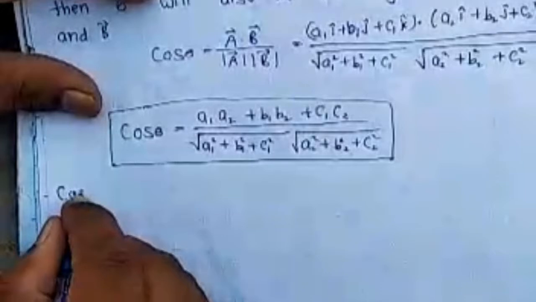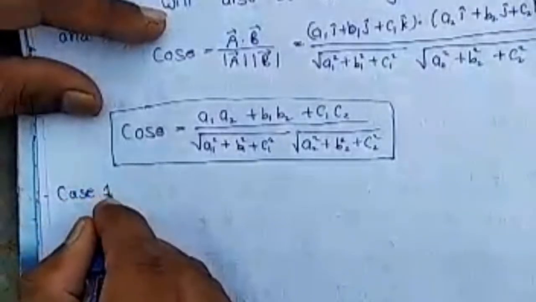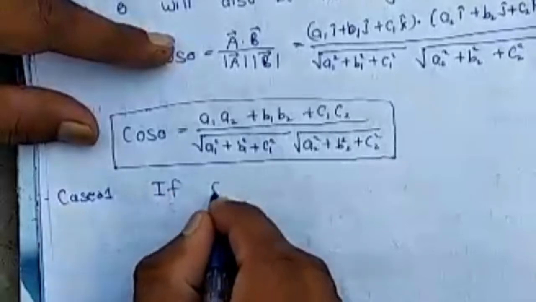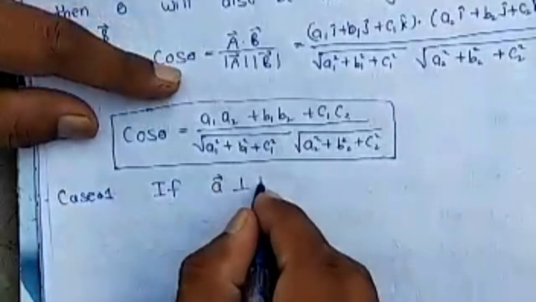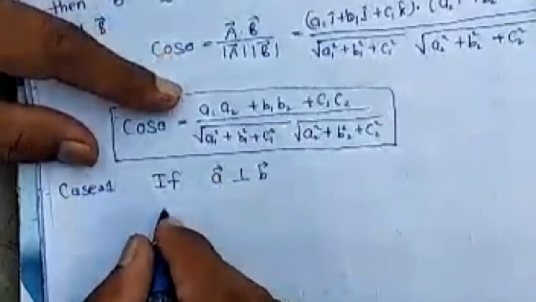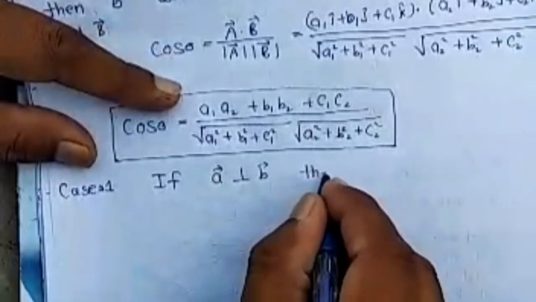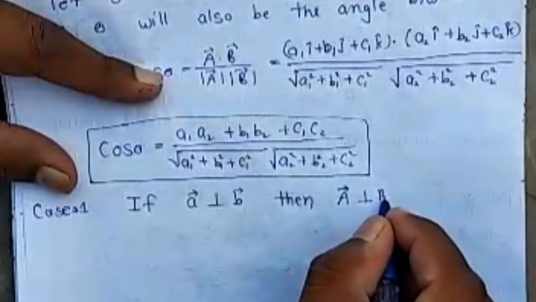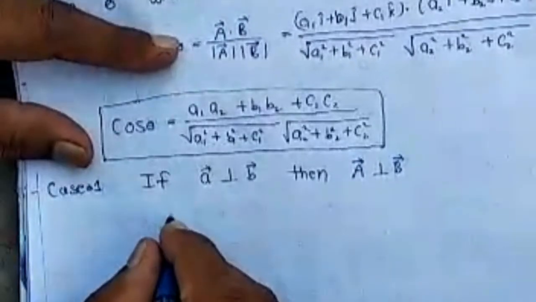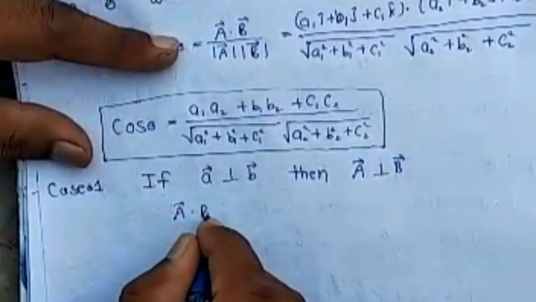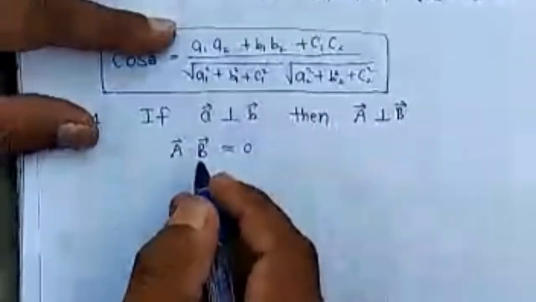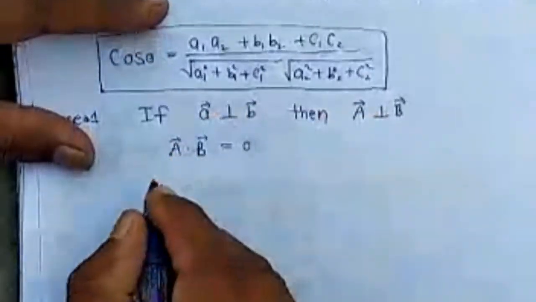Case 1. If these vectors are perpendicular, then capital A vector is also perpendicular to capital B vector, meaning A vector dot B vector equals 0. Dot product of two vectors is 0 if these vectors are perpendicular.